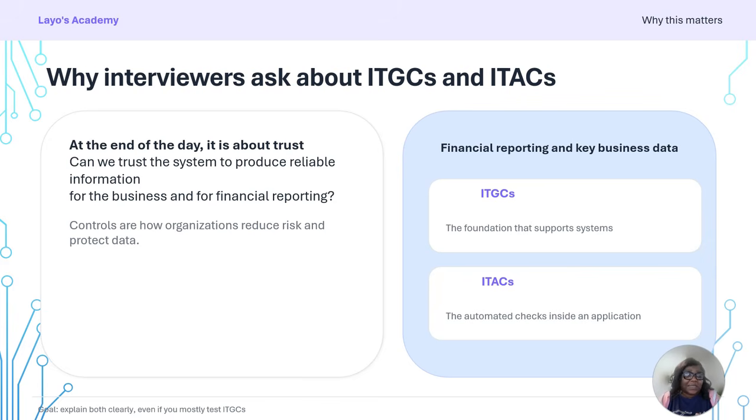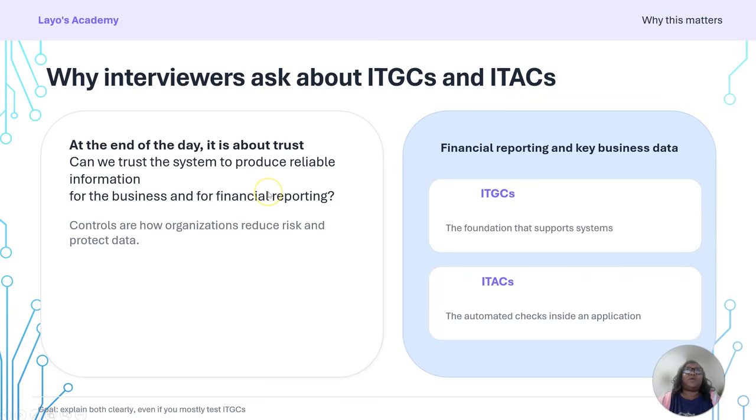You may mostly test ITGCs in your early roles, as a beginner or at entry level. That is very normal, but even at that, you should still be able to speak confidently about ITACs. Understanding this difference between ITGCs and ITACs would also help you to see how IT audit connects to financial reporting, data reliability, and not just technical systems.